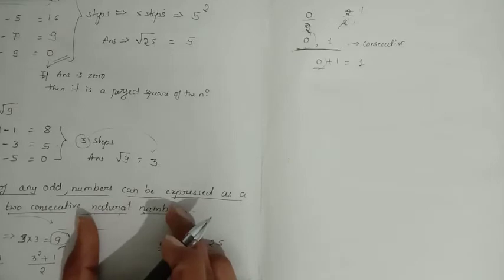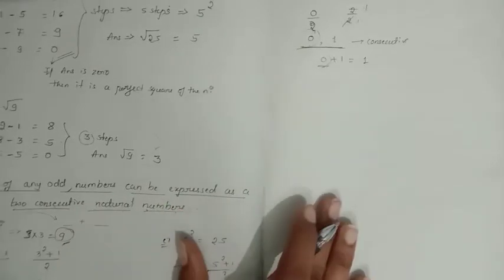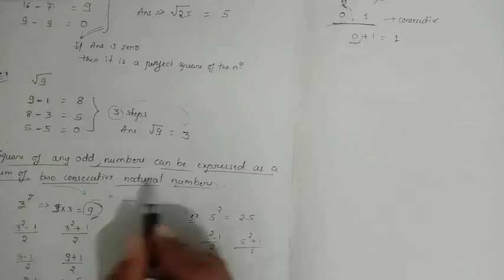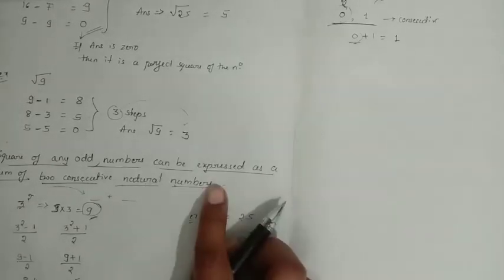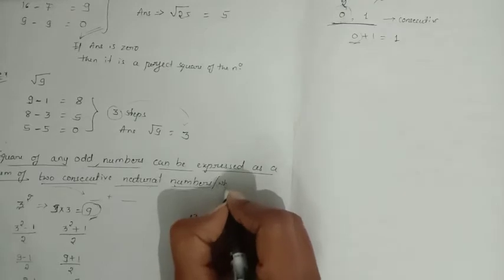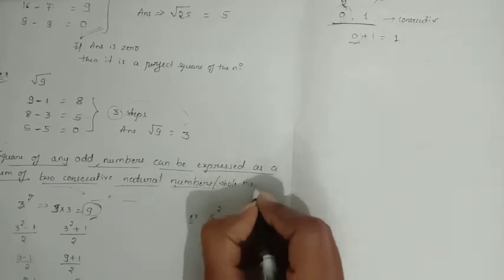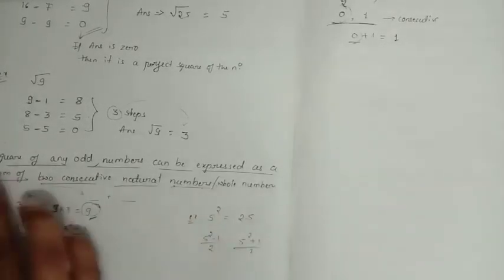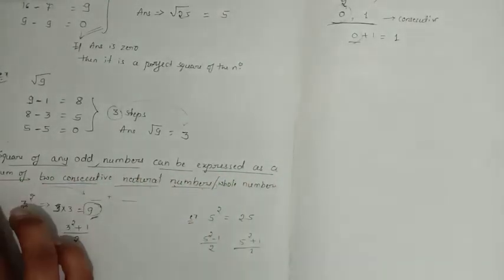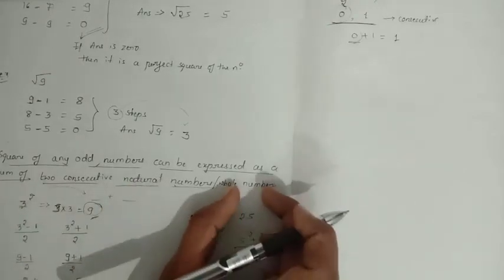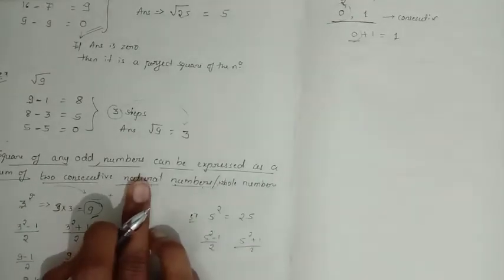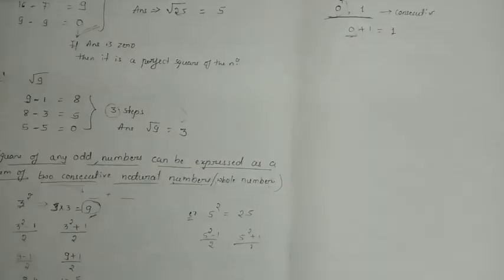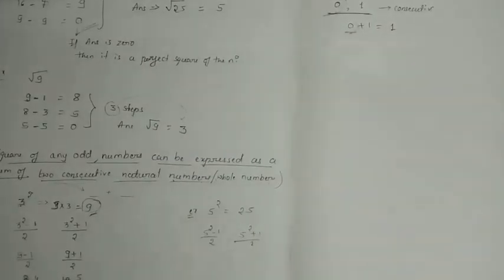If they give 0 as a whole number, then it is fine. Just remember, it should be whole number, because then it will be a perfect sentence: the square of any odd number can be expressed as the sum of two consecutive whole numbers. As in the reader they have given natural number, I have written that, but actually it should be whole number. Next we will move towards the next concept.